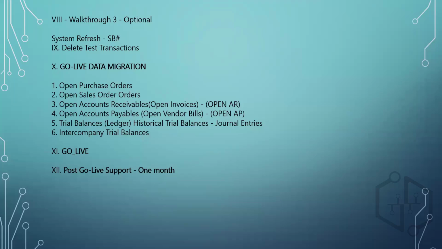Everything has to become zero, and then the open purchase orders, sales orders, accounts receivables, AP, trial balance, intercompany trial balances are imported, making it a fresh system. Everything is open, no test transactions, by the way, and then the customers can actually take over right from day one onwards.